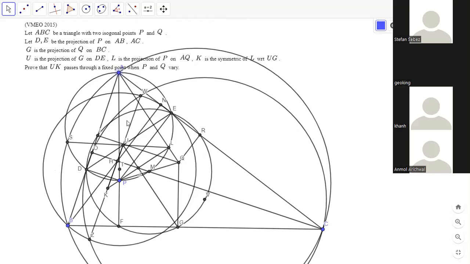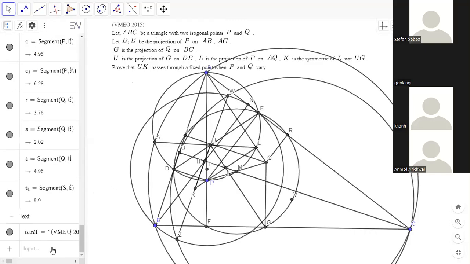Then the line connecting those two orthocenters is the radical axis of the circles with diameters BE and CD. Ah, so I could also draw the orthocenter of ADE. Yeah, and that is called the Steiner line of the complete quadrilateral.